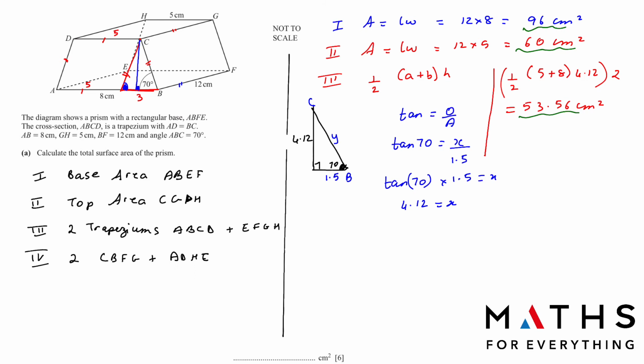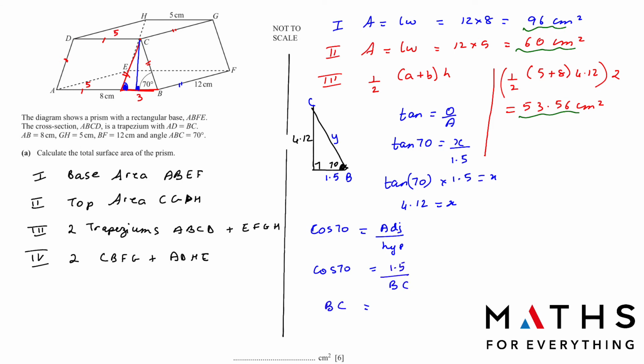I'm going to use cos to find it. I have opposite over hypotenuse. So cos 70 is equal to, not opposite, adjacent over hypotenuse. Adjacent is 1.5 and hypotenuse is BC.